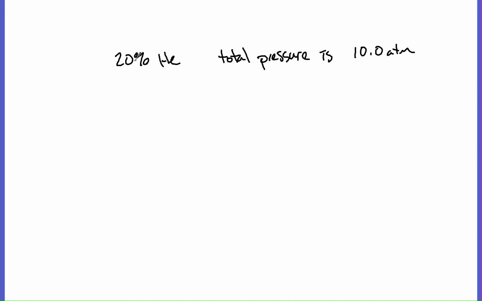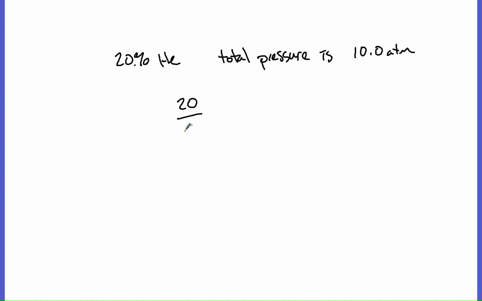We'll make this at least 2 sig figs for that 20%, but 10 atmospheres total, right? In order to figure out the partial pressure for my helium, all I have to do is figure out what 20% of 10 is.